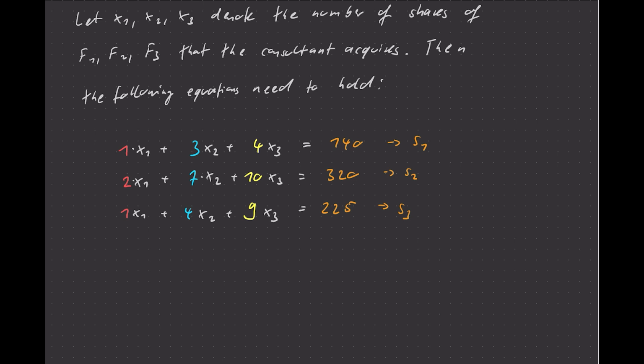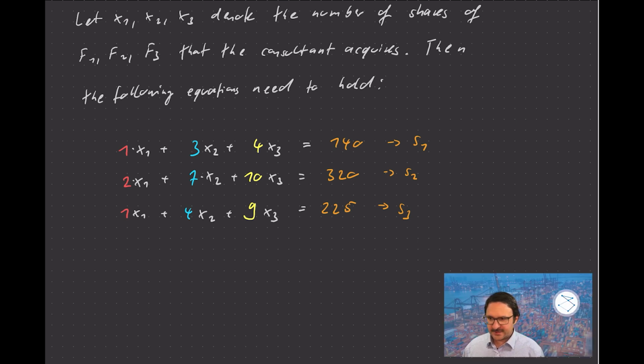And we want that to be 225. So this is a system of 3 linear equations here. And the question that we formulated, is there a method to replicate our target portfolio through buying these equity funds? The question is mathematically formulated: is there a solution to this system here, and what does it look like? That's what we want to know.